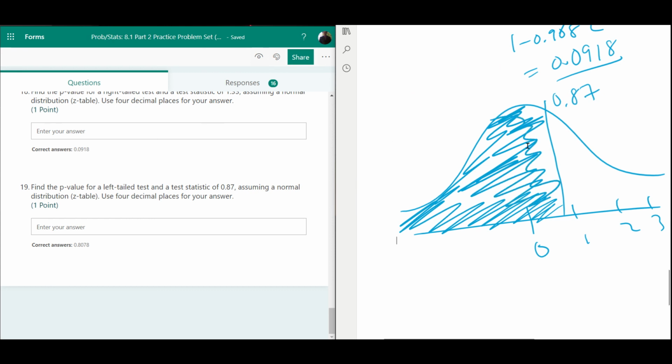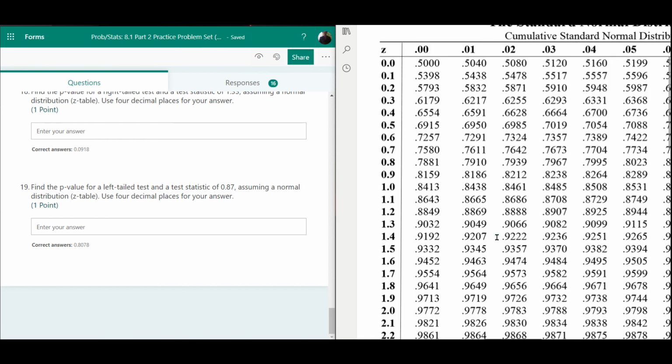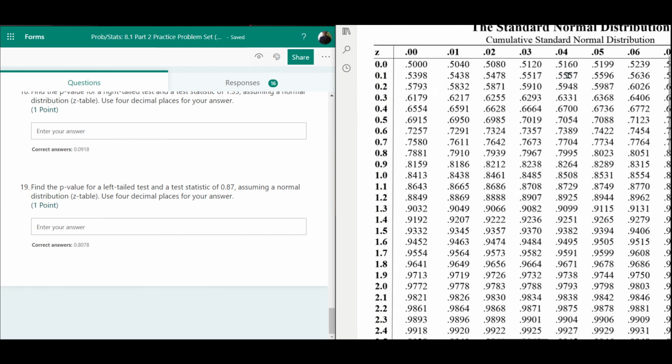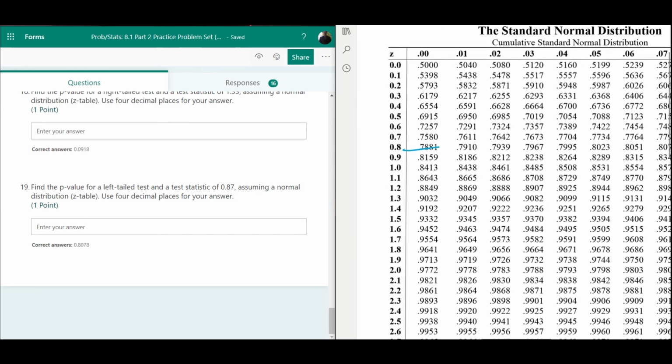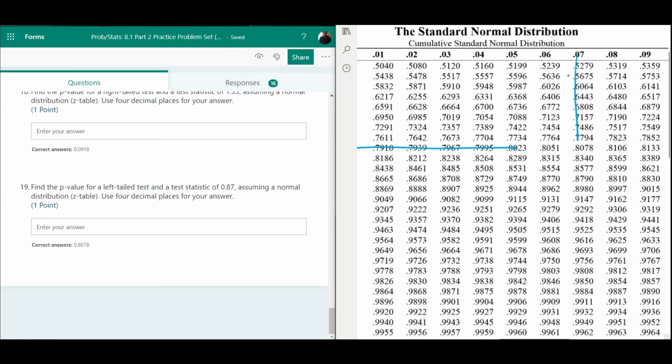So we got to figure out all of this area. So therefore we're going to look it up on the z-chart and do nothing to it because it's on the left side. So 0.87, it's going to be 0.8078, and that's going to be my p-value, which is right here, the correct answer.